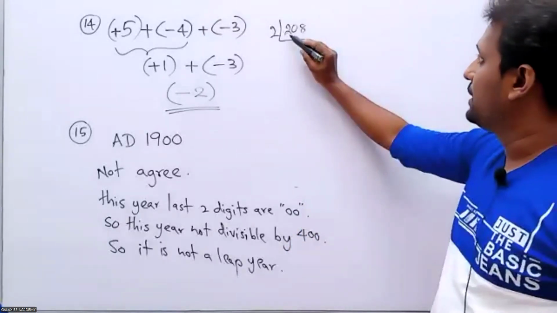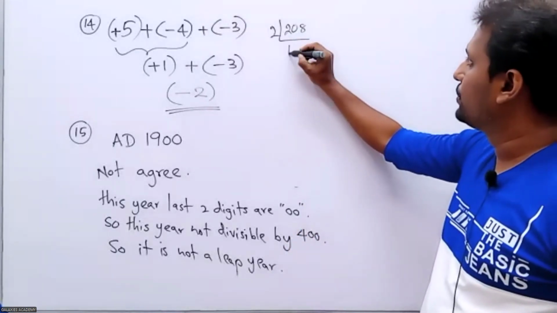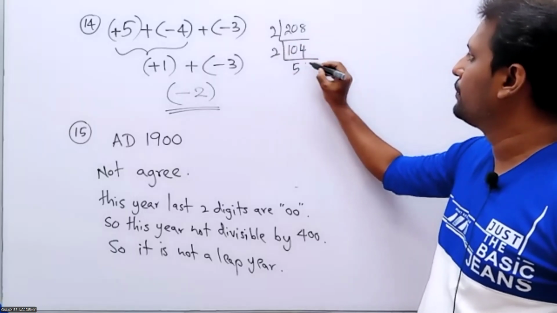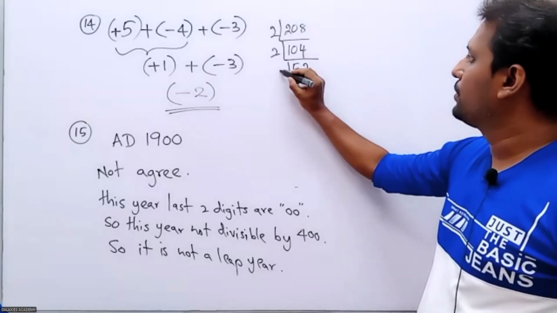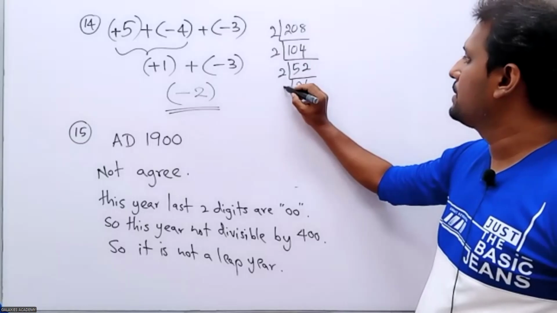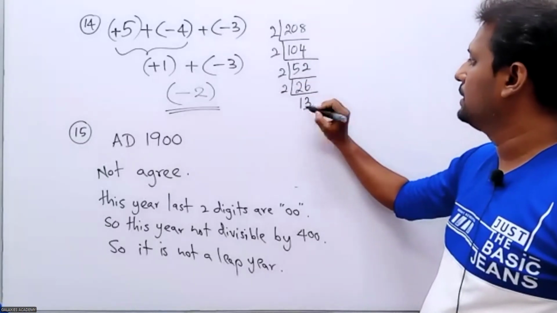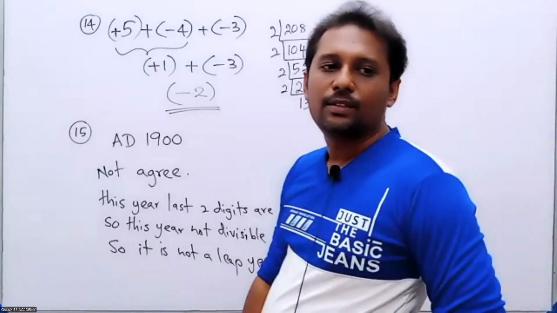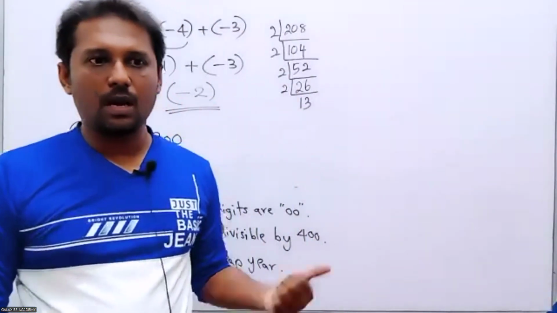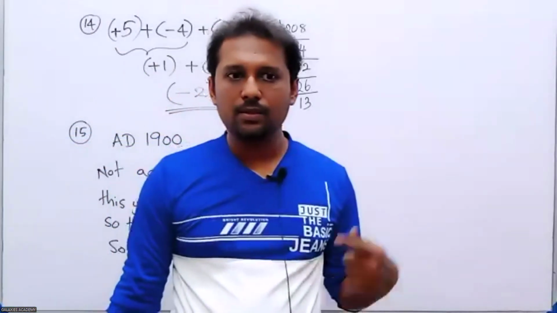First, I will divide 208 to 104. 104 divided to 52. 52 divided to 26. 26 divided to 13. 13 you can divide by which value? Can you divide by 2? Can't. 3 also can't.